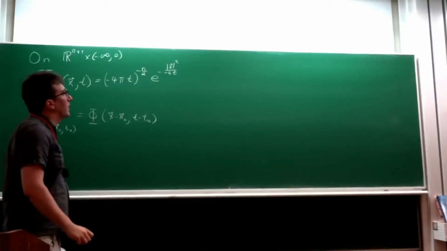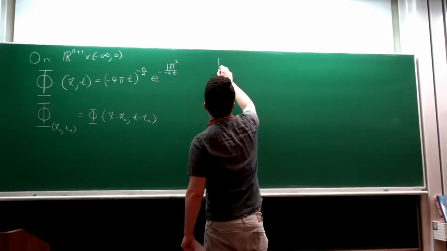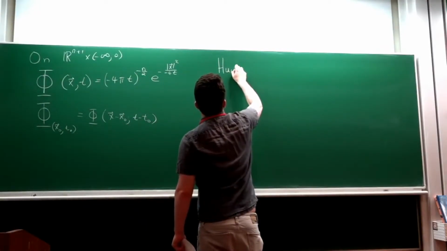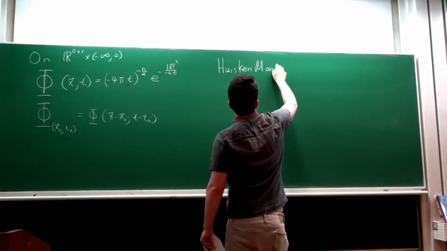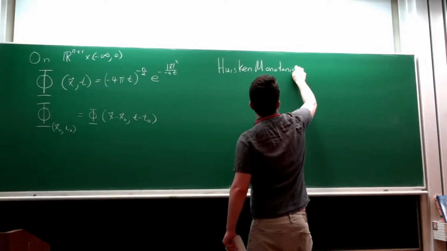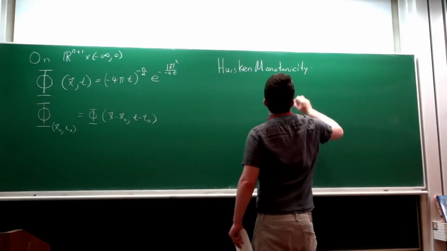Okay, and so then what we had was this Huisken monotonicity.